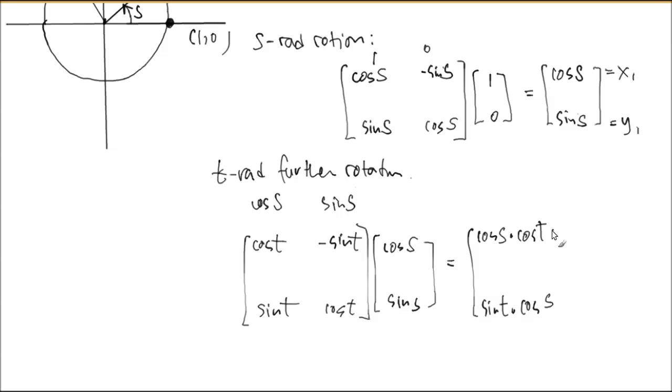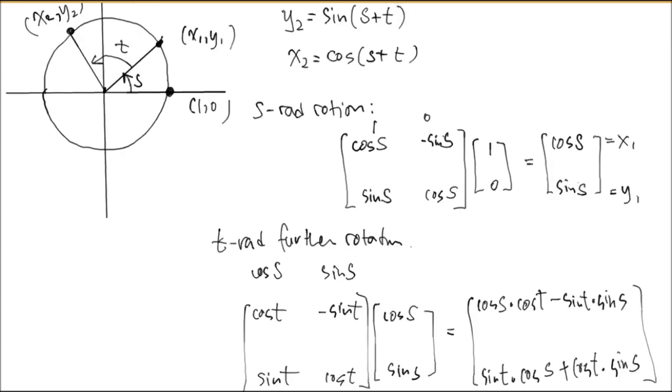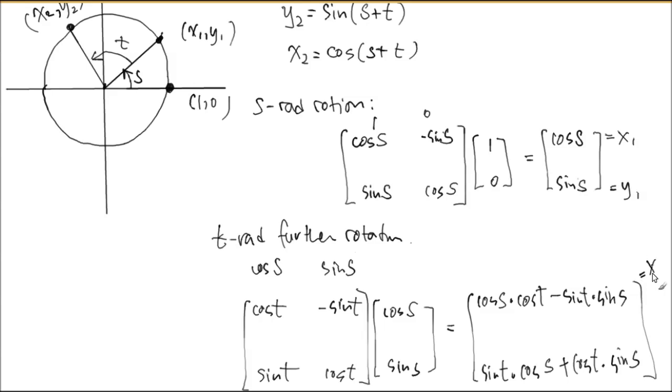We have to put it right next to it so that we see the whole thing. Sine T times sine S. Down here, cosine T times sine S. Right? That's the final coordinates. These guys are x2 and these guys are y2, right?